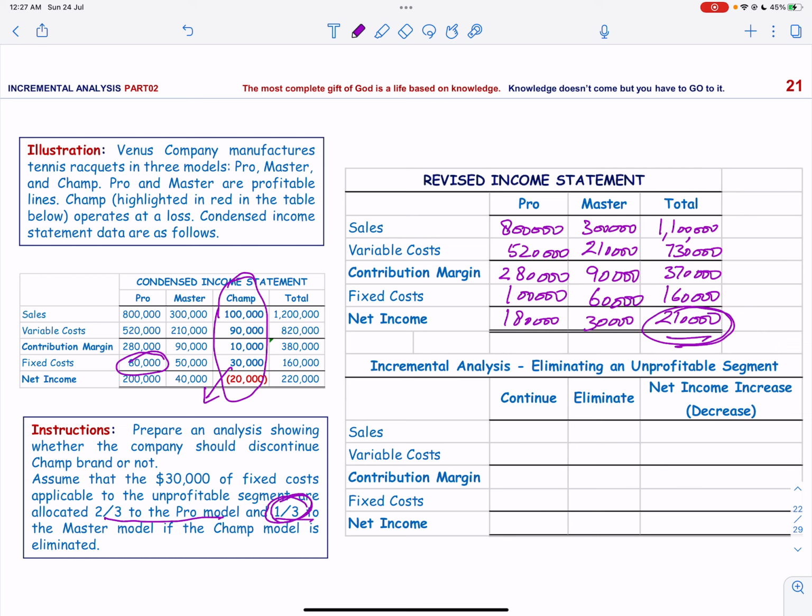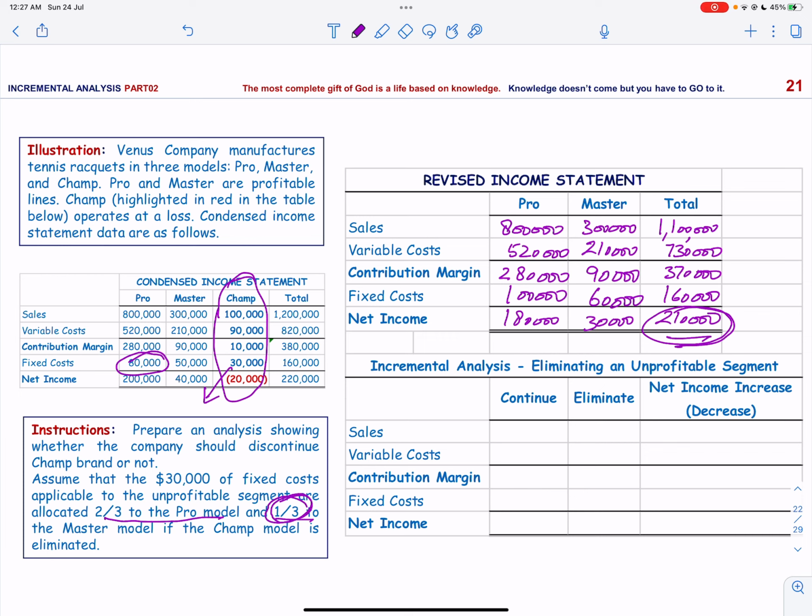The reason why this has happened is because there is a fixed cost that has to be absorbed by the existing models Pro and Master, and this result can also be verified by the incremental analysis of the Champ racket, and let us see how we do that.